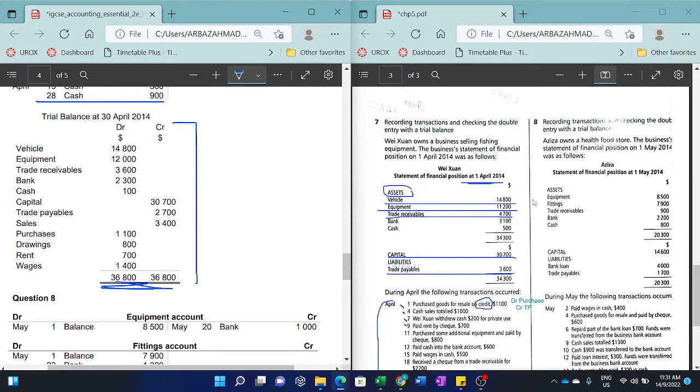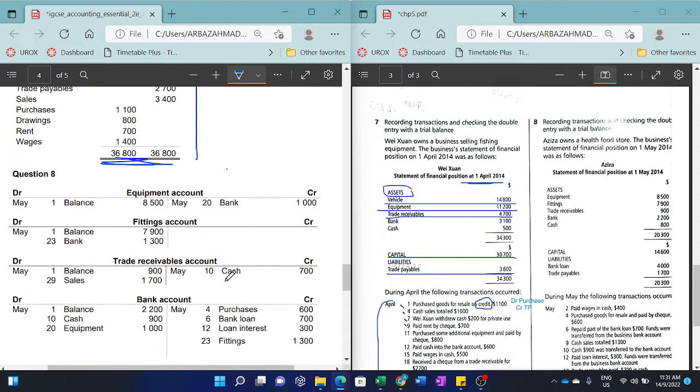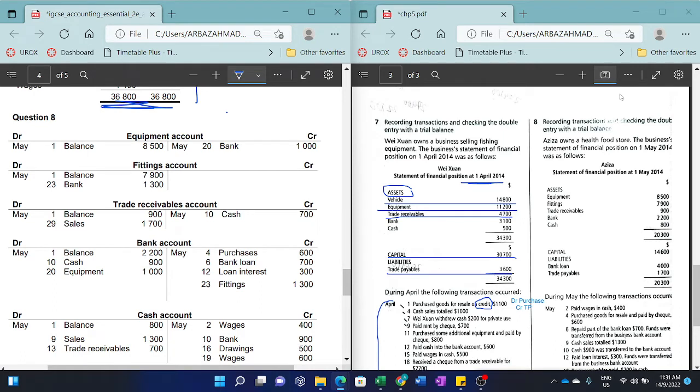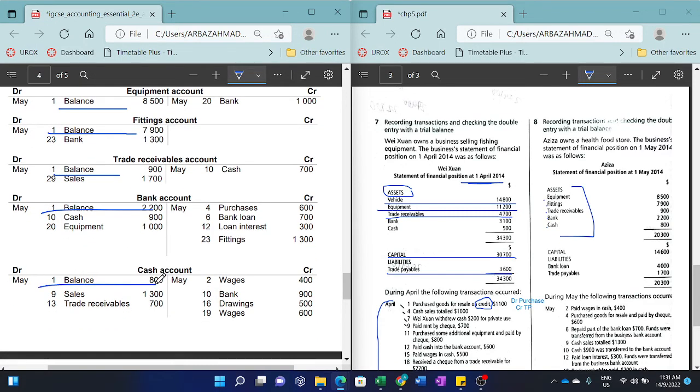So question 8 is also kind of similar. First of all, we take all the assets. Take all the assets and open the account for equipment, fittings, trade receivable, bank and cash, and we will have the debit balance. Then we take these accounts, capital, bank loan, and no liability, because no amount here.